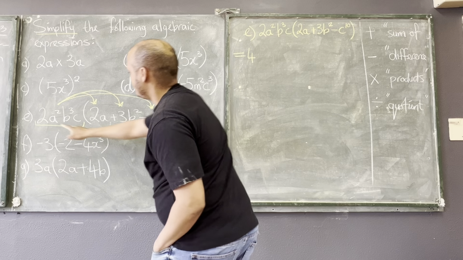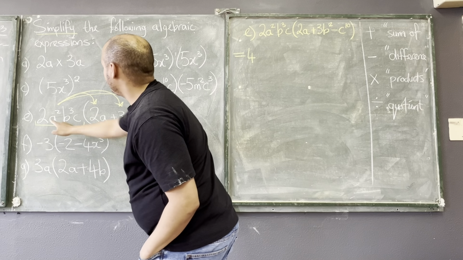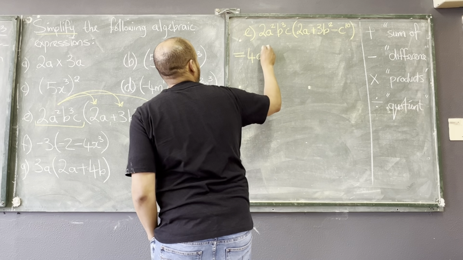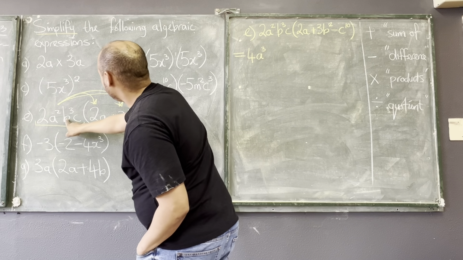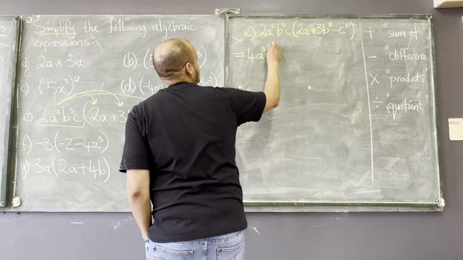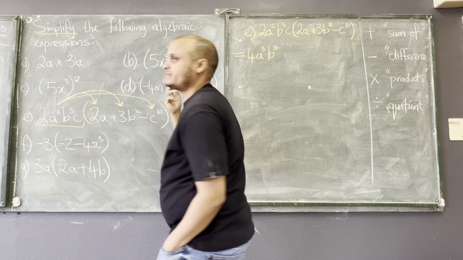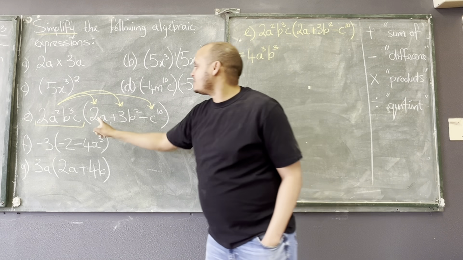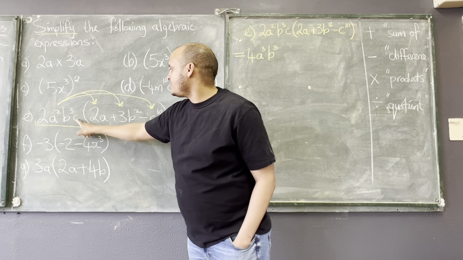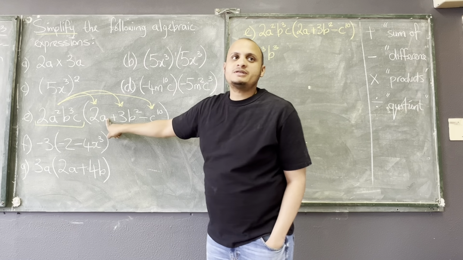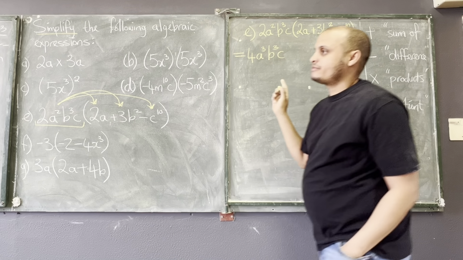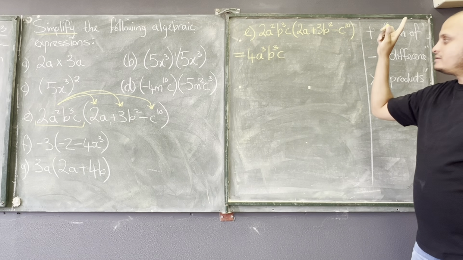That's 4. a to the power 2 times a gives me a to the power 2 plus 1, which is 3. b to the power 3 times, oh, there's no b, so b to the power 3 just comes along. It does not have a partner here to multiply with, so it just stays as it is. c multiplied by, oh, there's no c either, so c just comes with. So that's the first multiplication done.